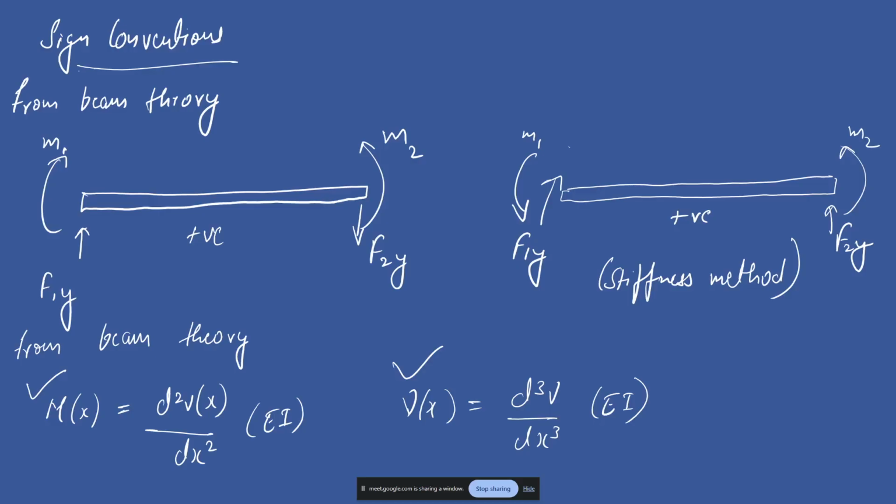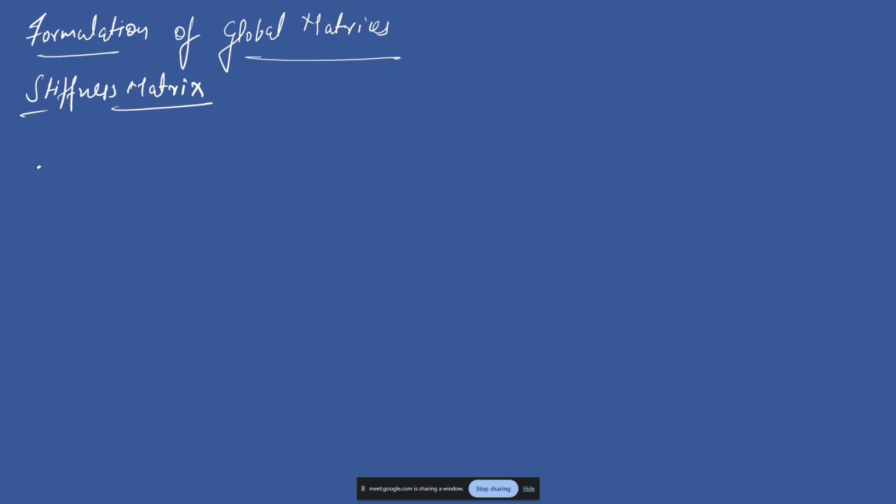So it will be something like this. So your K global will be like this.